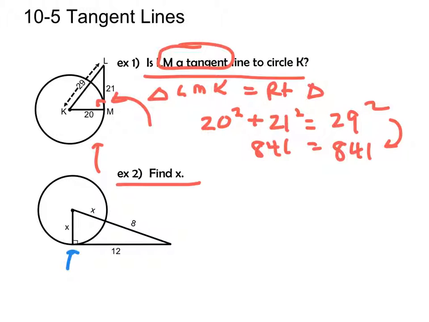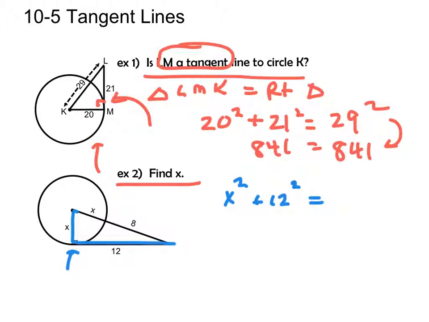So I'm going to do A, the smaller leg, squared, plus B, the longer leg, squared. That must be equal to C squared.